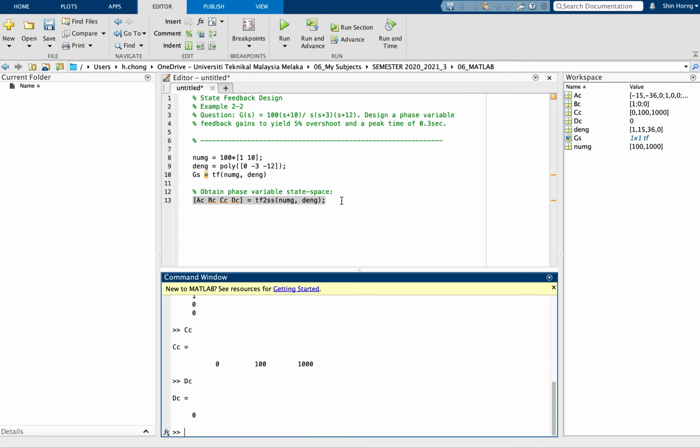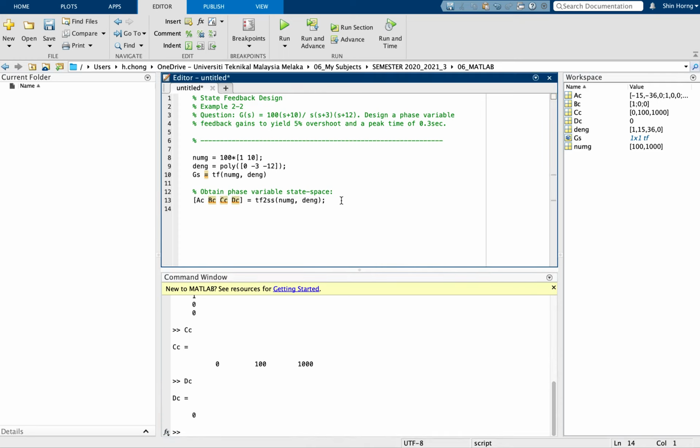So what I want to do is transform this to the phase variable form. I would like to use P to represent the phase variable form. As we learned, we have to invert. Sorry, before that I need the transformation matrix.